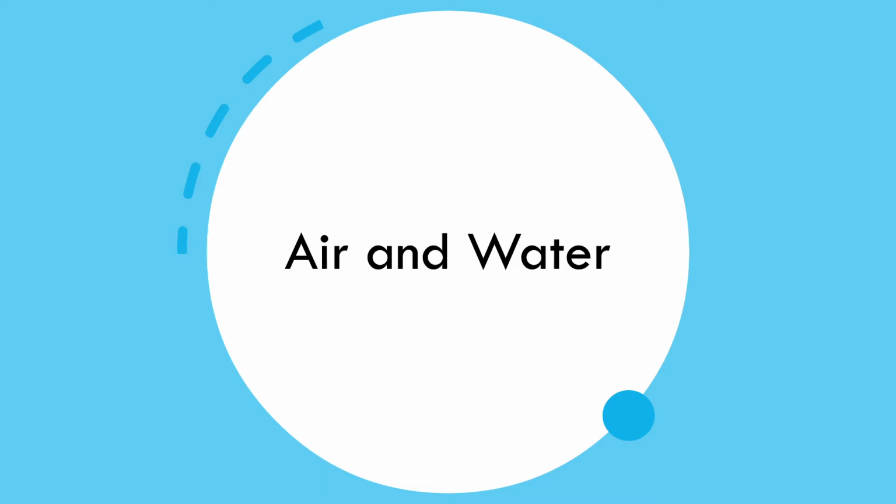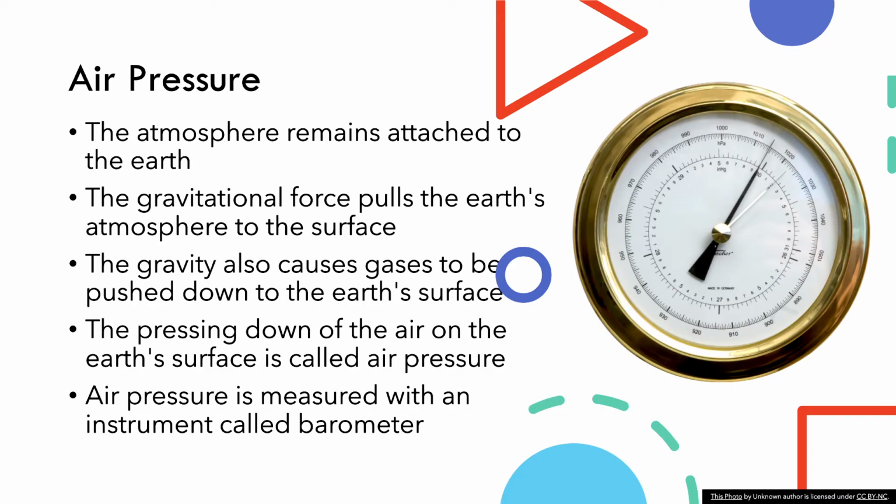The earth is surrounded by a thick blanket of air, and this ocean of air is known as Earth's atmosphere. So now to begin with, the next topic is air pressure.